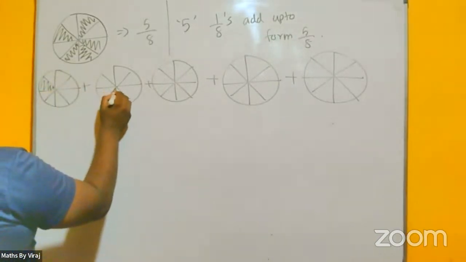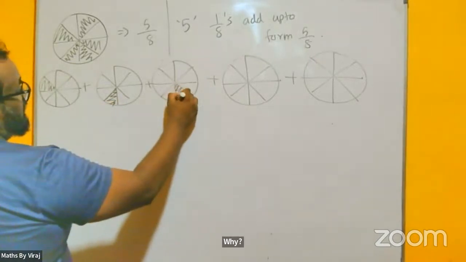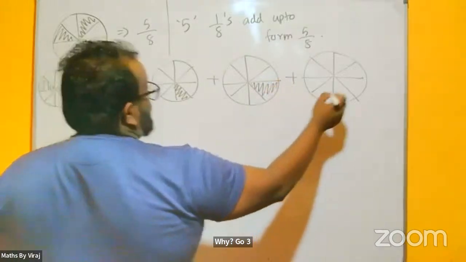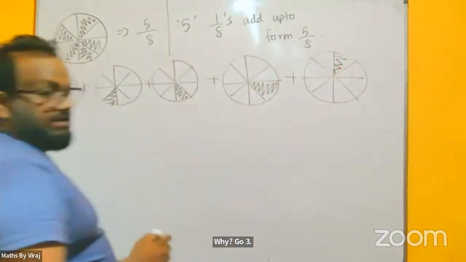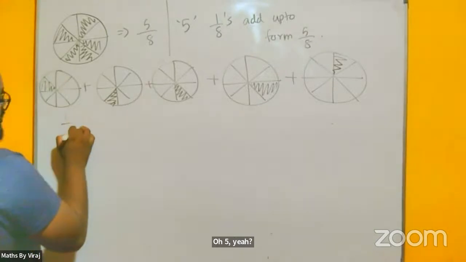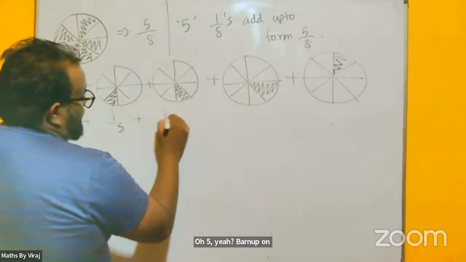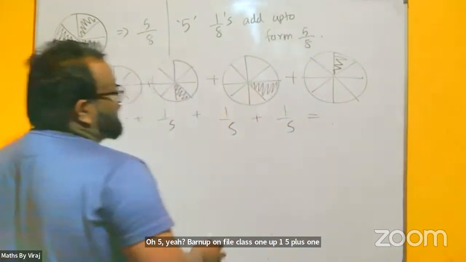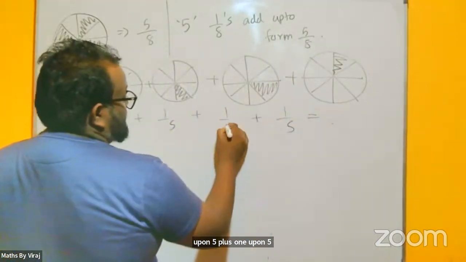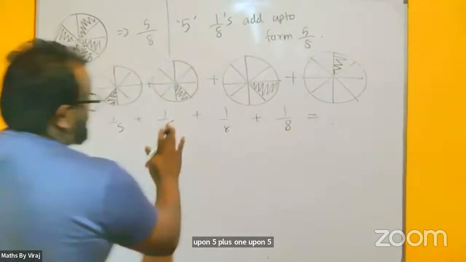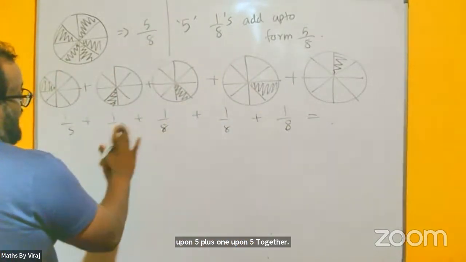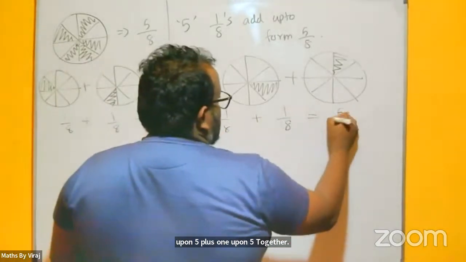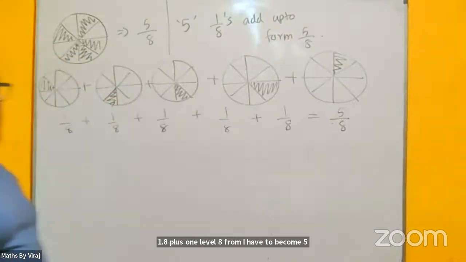One, two, three, four, five. 1 upon 8 plus 1 upon 8 and so on, five times, add up to become 5 upon 8.